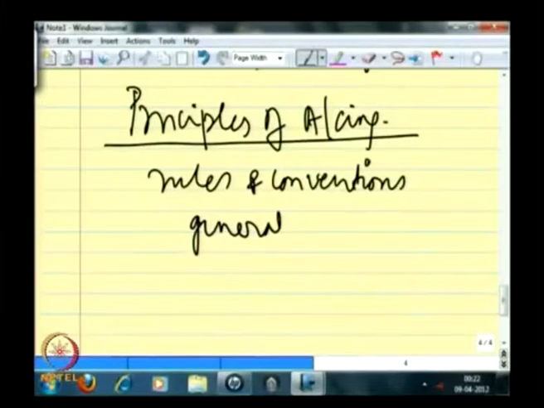It is kind of a general law, a guide to action. And these principles are settled, as I told you before.